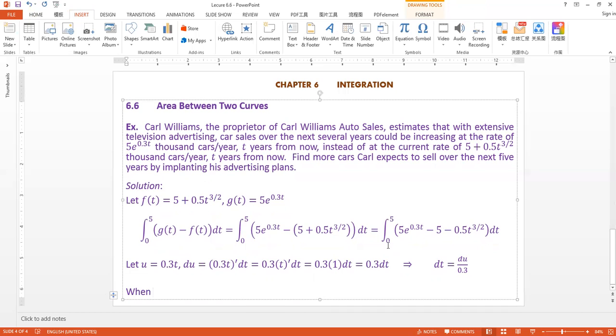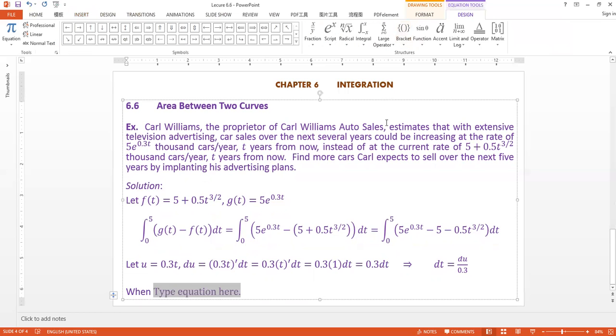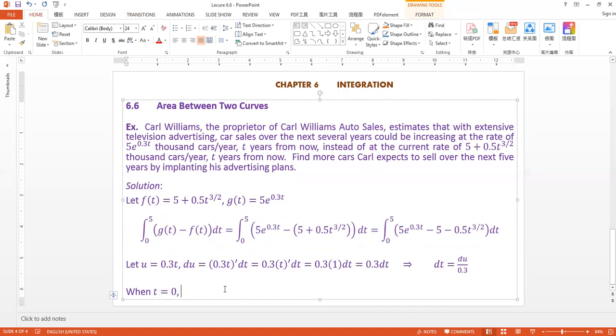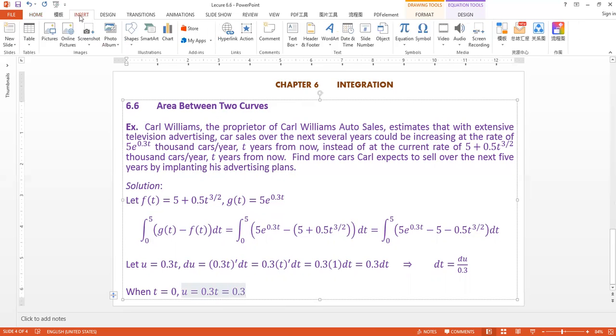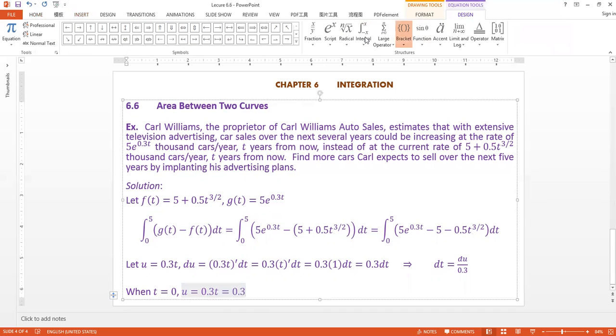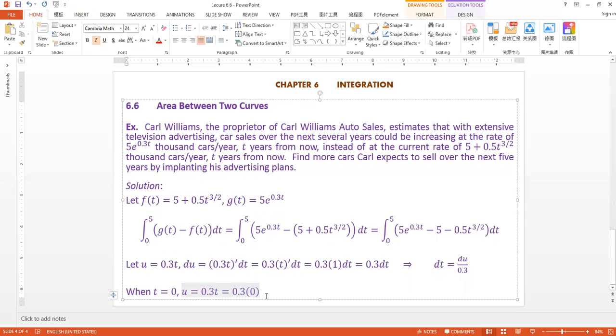When t equals 0, that's the lower limit of integration for the original integral, and then u will be, that's pretty simple, u equals 0.3t, so that's 0.3 times 0. Obviously that would be 0. So that's also 0, no problem.